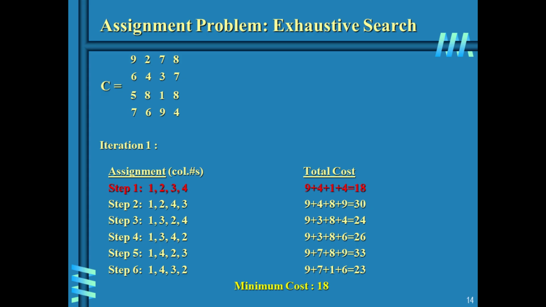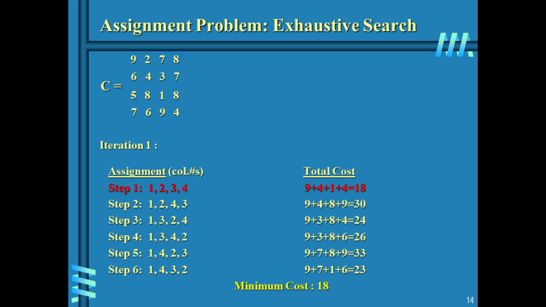Look at step number 1: assigning job 1 to person 1, job 2 to person 2, job 3 to person 3, and job 4 to person 4, whose total cost is 18. In step 2 of iteration 1, assigning job 1 to person 1, job 2 to person 2, job 4 to person 3, job 3 to person 4, whose total cost is 30.